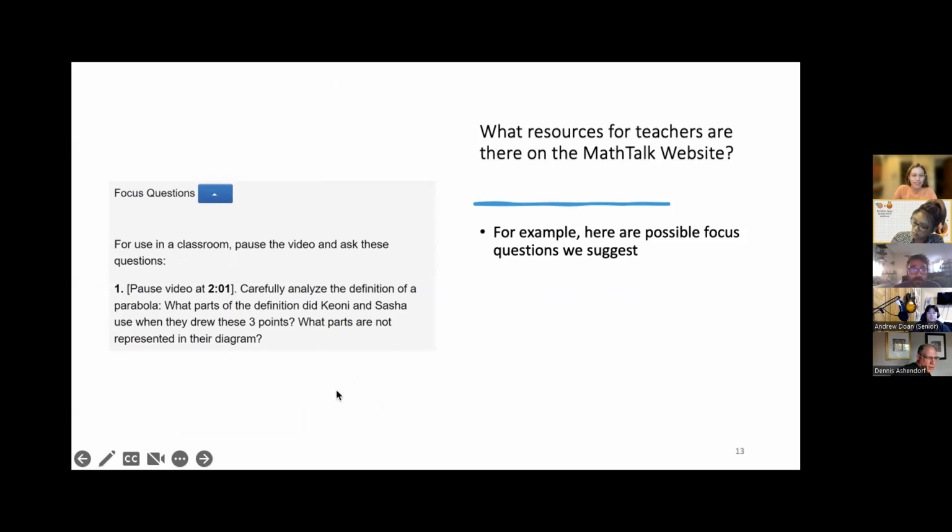Within this, we provide a possible point where you could pause the video and ask a discussion starting question for your students. In this instance, in the parabola unit, we suggest pausing at 2:01, and we ask our students to carefully analyze the definition of a parabola. What parts of the definition did Keone and Sasha use when they drew these 3 points? What parts are not represented in their diagram?